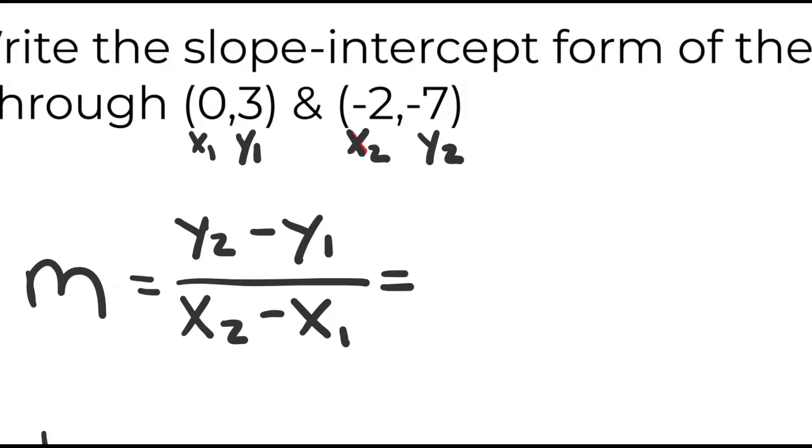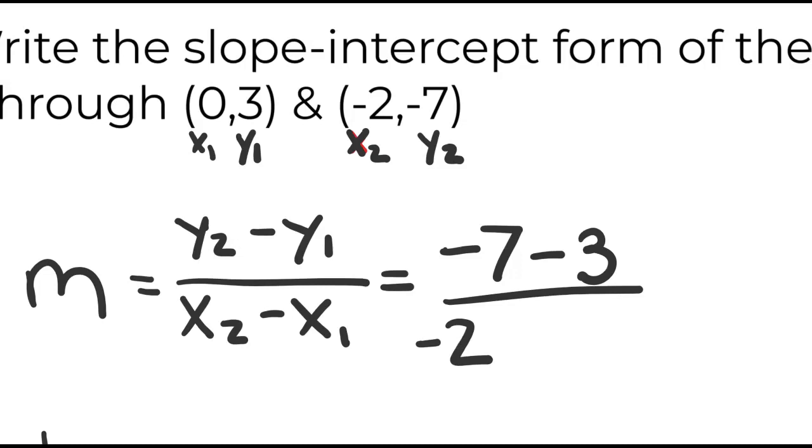So your y2 number, you're just plugging it in. Our y2 number is -7, so it takes the place, minus whatever our y1 number is, so -3, divided by our x2 number, which is -2, minus our x1 number, which is 0.